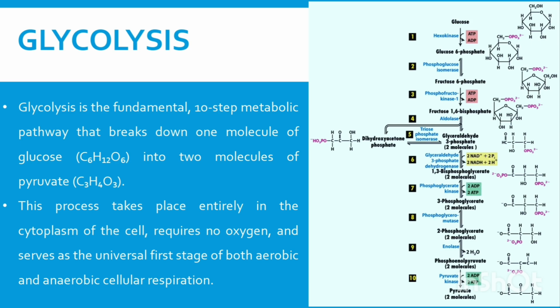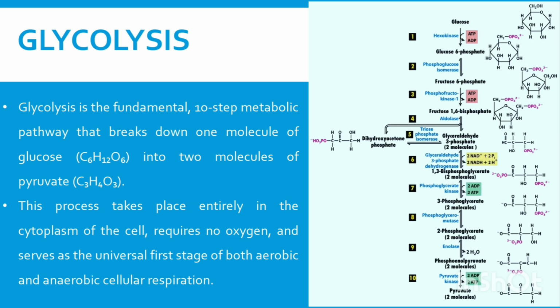Glycolysis itself is an anaerobic phase because it is independent of oxygen and not accompanied with the evolution of carbon dioxide. It takes place in cytosol or cytoplasm. It involves partial oxidation of glucose into 2 molecules of pyruvic acid, and it produces 2 ATP at the end of the reaction and 2 NADH.